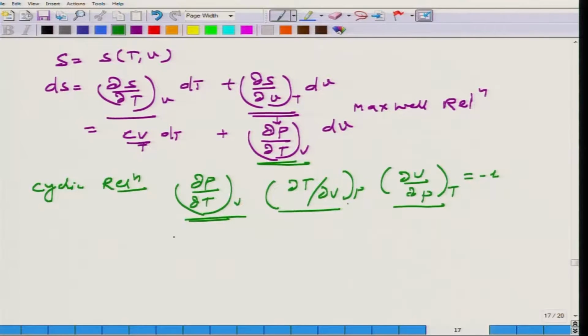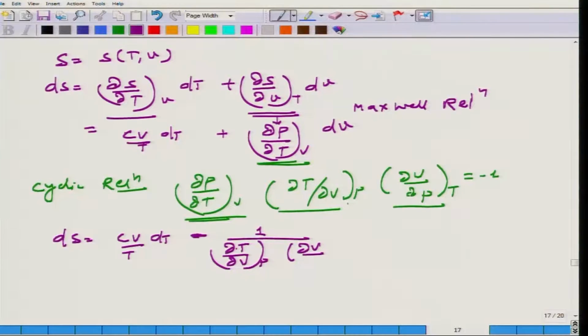So I can write this dS as CV/T dT minus 1 by (del T by del V)_P dV. I can take this here in the numerator, and this can be written further as the following.